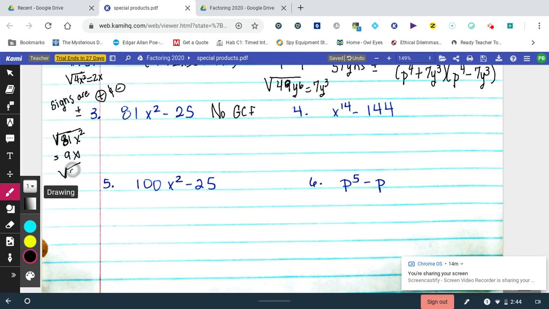Square root of 25 is 5. So you're going to write one plus and one minus sign for the sign. So you're going to write 9x plus 5 and 9x minus 5. And you're done. That's it.